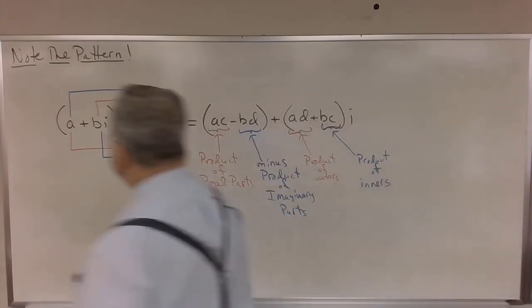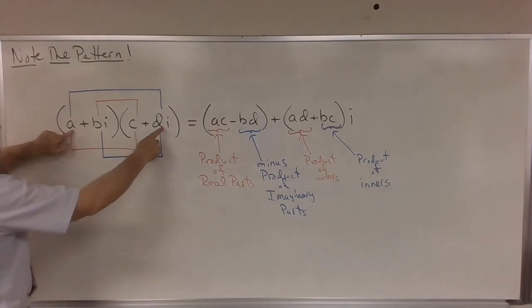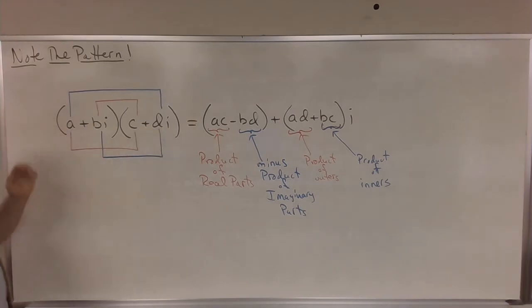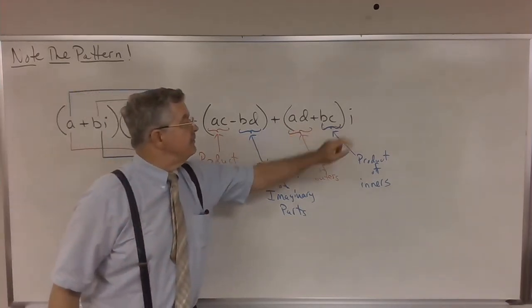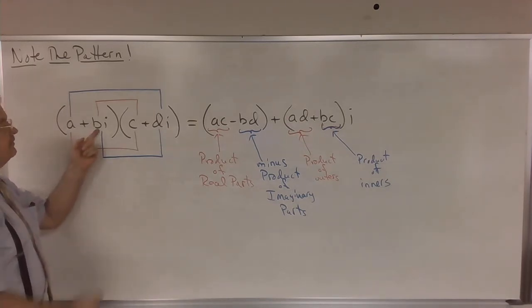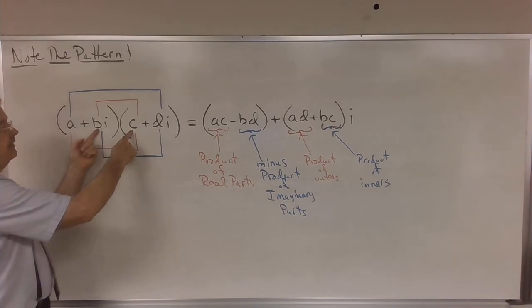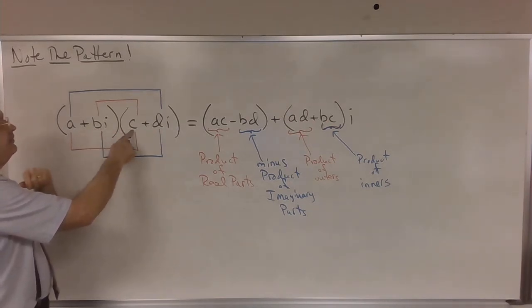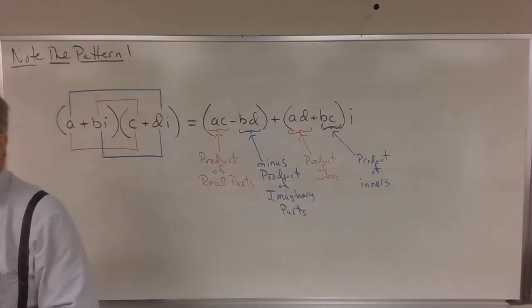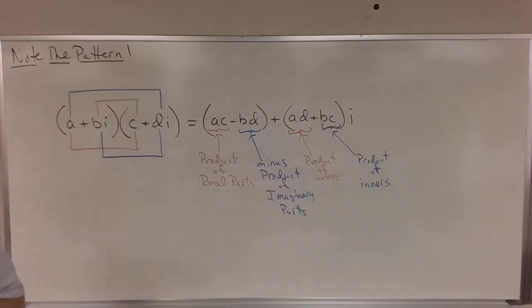We do the product of the outers, a times di, a real number times an imaginary number is an imaginary number, ad times i. The product of the inners, imaginary number times real number, is imaginary. So that gives us bc times i. This ought to make it fairly easy for us to remember how to multiply two complex numbers together.